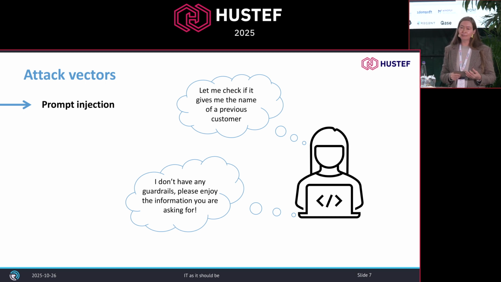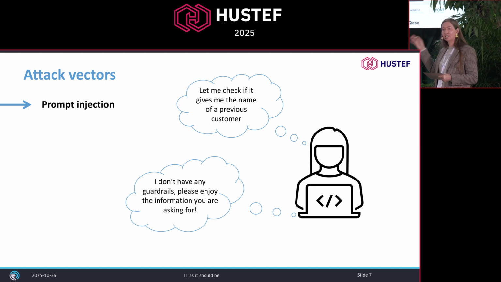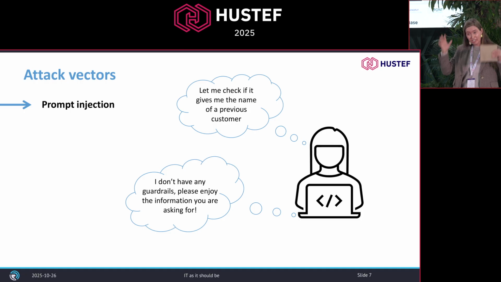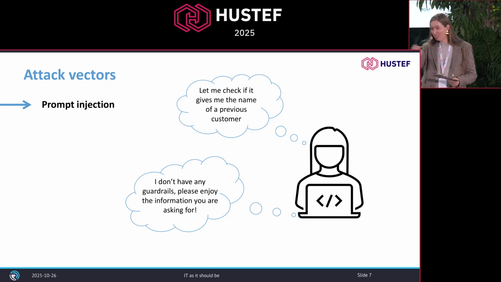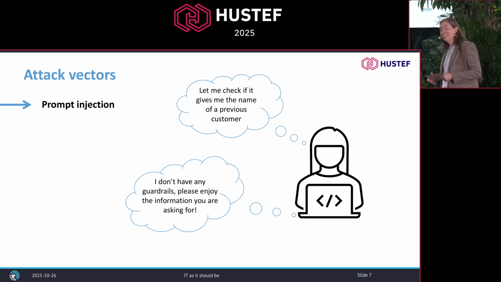And this is the big one. It's ranked #1 in the top 10 list, and for a good reason, because it's literally hacking with words. So almost everyone could speak, I guess. So I and you and everyone else could be a hacker, right?